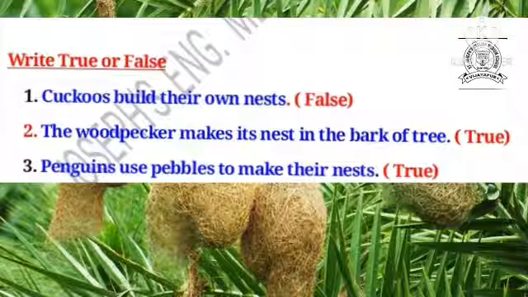Then third one, penguins use pebbles to make their nest. Penguin, the flightless bird, uses pebbles to make their nest. Pebbles means smooth and round stones. So it is true. So children, you also fill up this answer in your textbook.